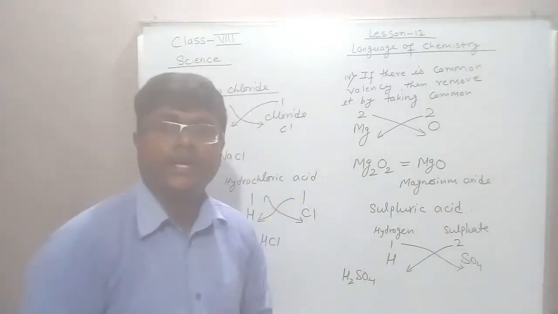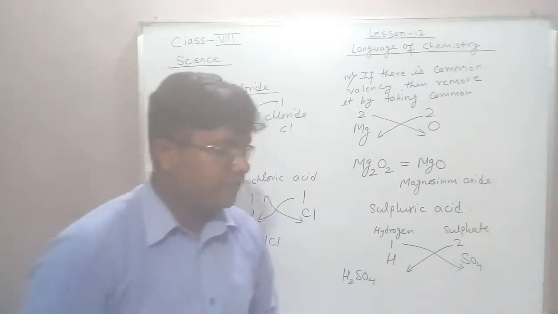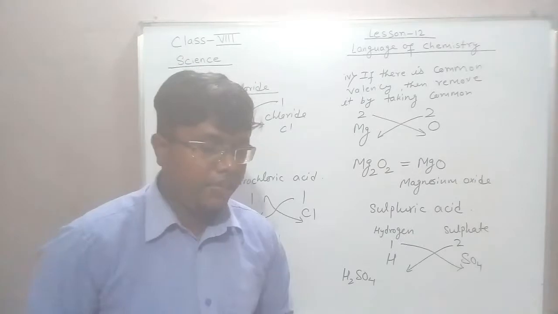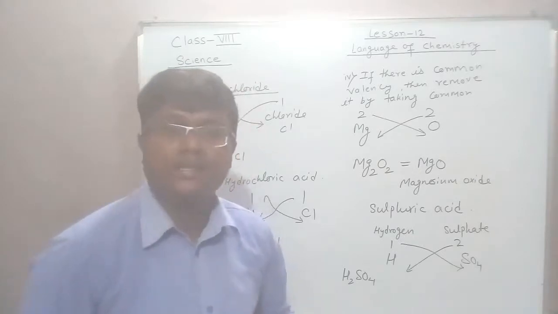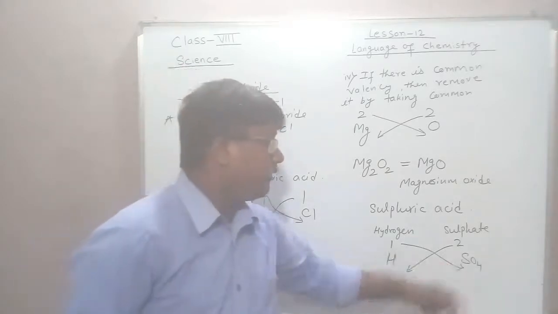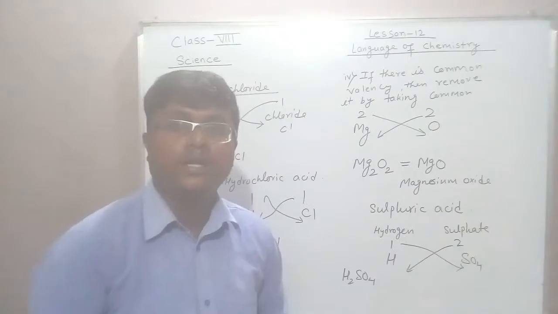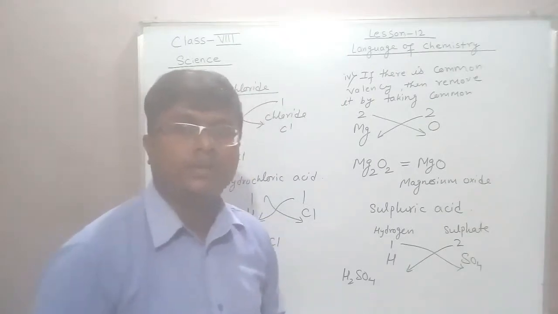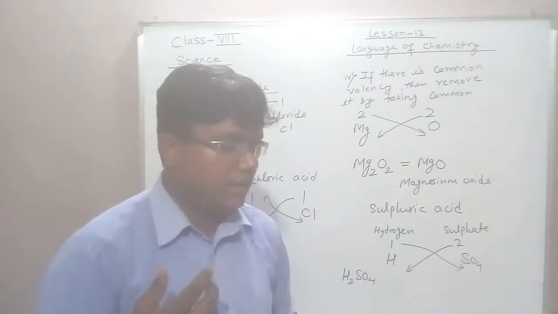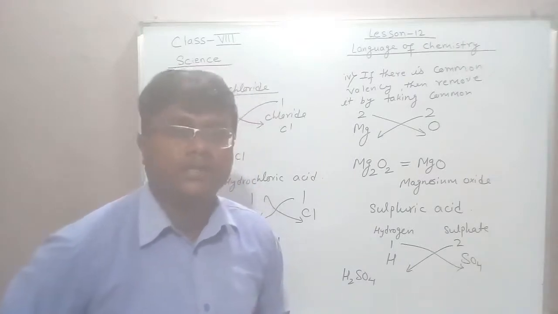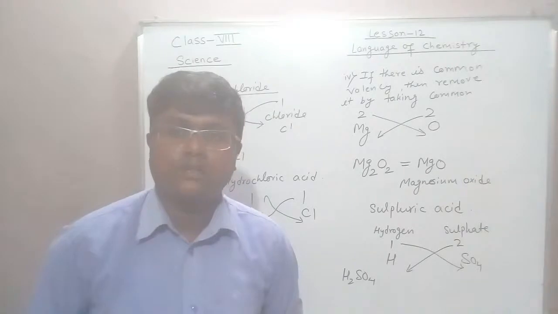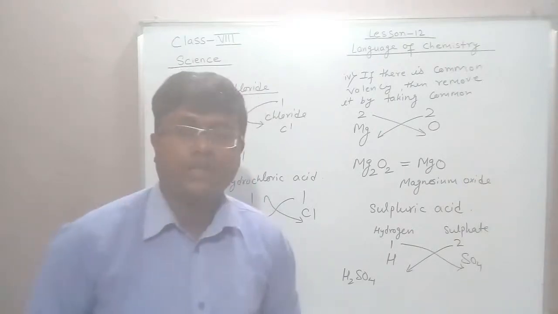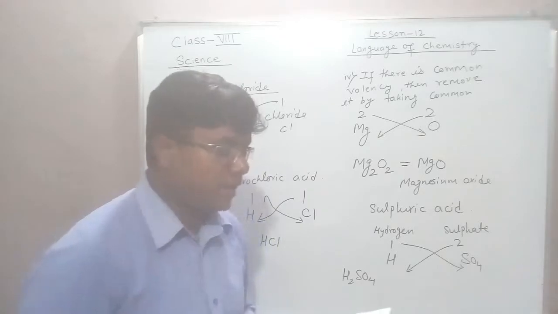In your textbook, on page number 154, the names of some radicals and their valencies are given, like the sulfate I have used here. I am just going to read some of them. Chloride: its symbol is Cl and its valency is 1. Hydroxide: its symbol is OH and its valency is 1.